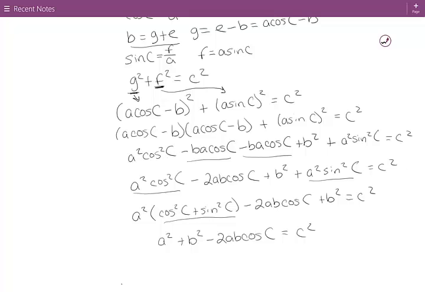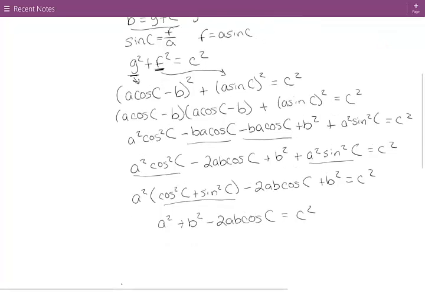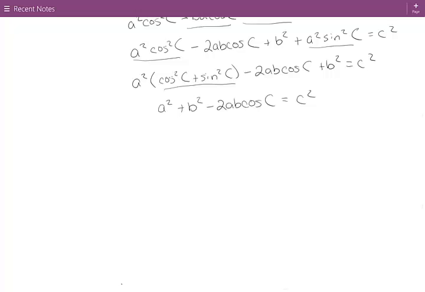Alright, well, we have one of our laws of cosines. Formally writing out all of this, doing the same derivation except for a squared instead of c squared, we would get a squared is equal to b squared plus c squared minus 2bc cosine of a. b squared is equal to a squared plus c squared minus 2ac cosine of b.